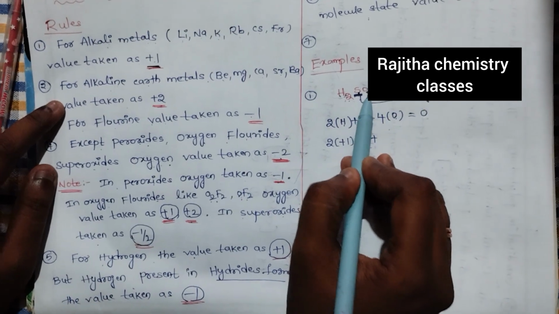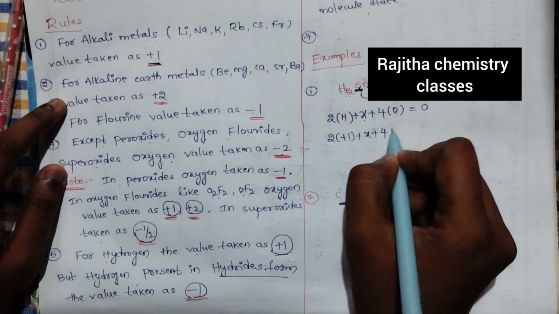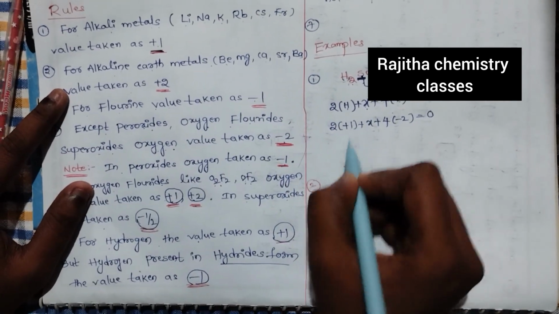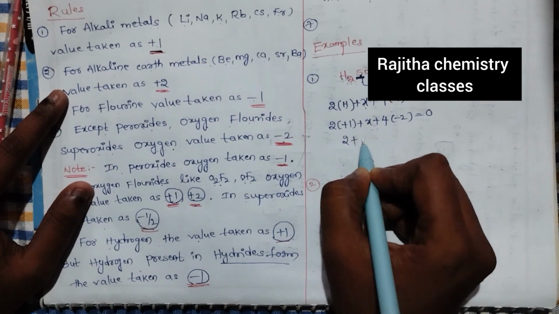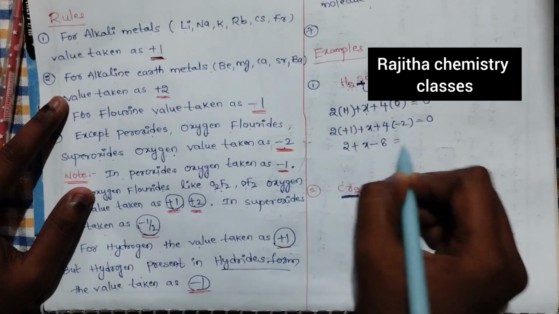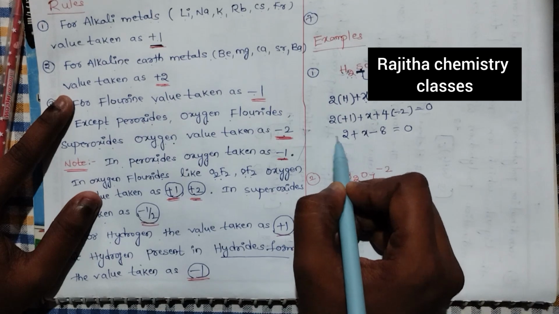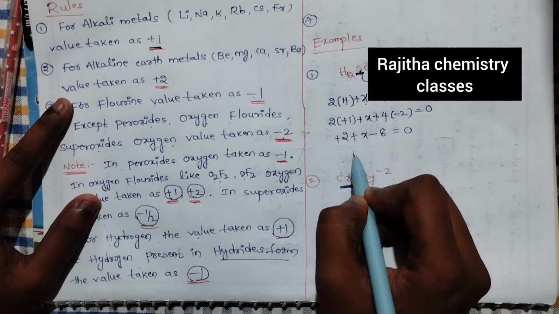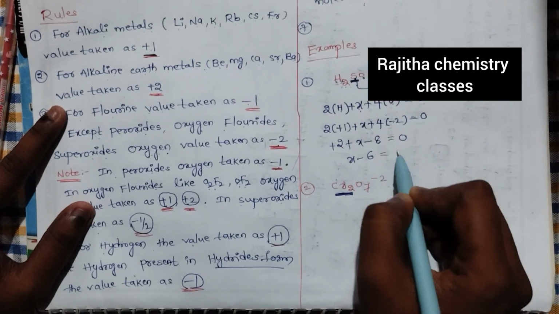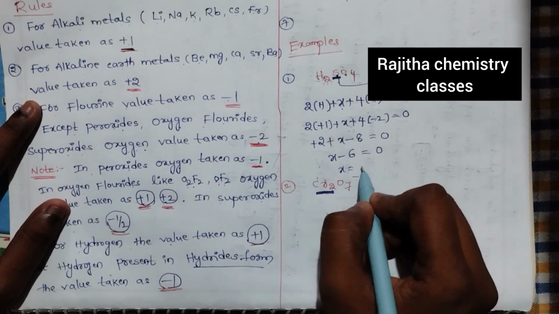So 2 into 1 is 2, plus X, plus 4 into minus 2 is minus 8, equals 0. So X minus 6 equals 0, and X equals plus 6.